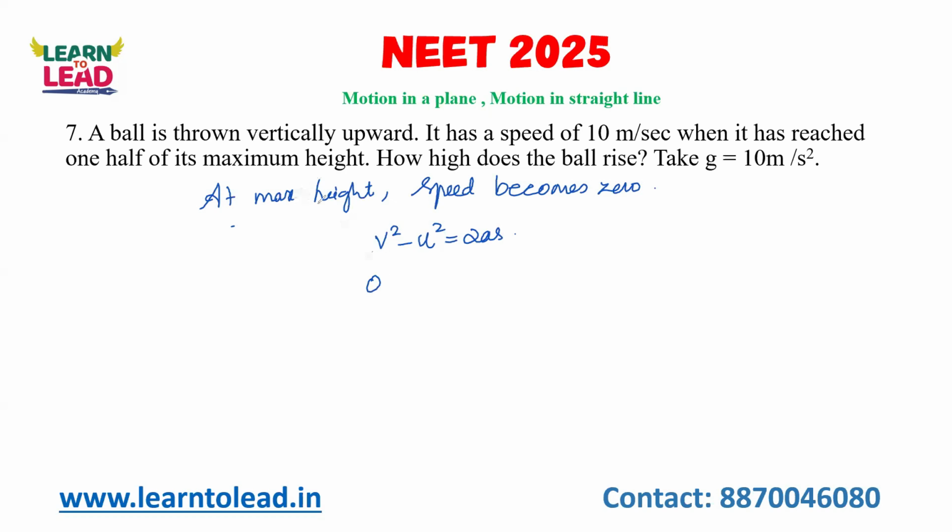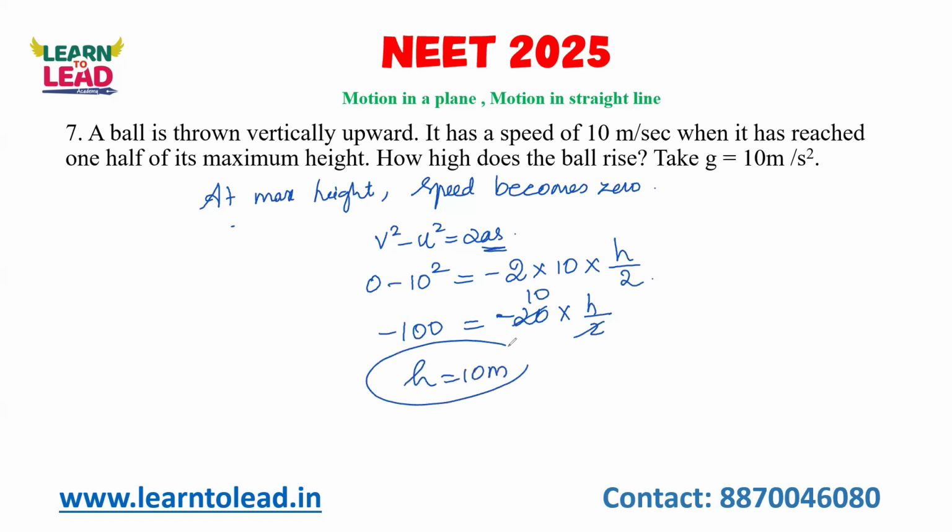At maximum height the final velocity becomes 0 and the initial velocity they have given as 10 square. As it is moving against gravity, 2 into 10, you should take acceleration due to gravity as 10 and distance h by 2, half the height. So 100 is equal to minus 20 into h by 2. So height is equal to 10 meters.